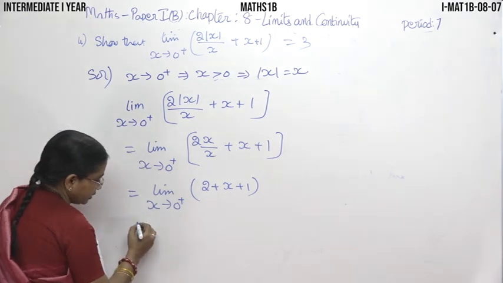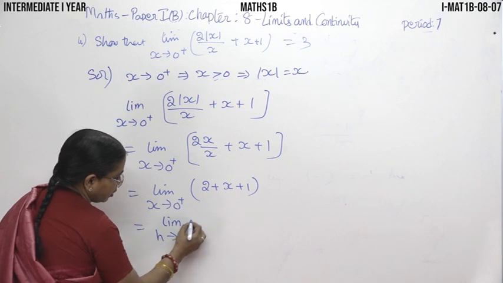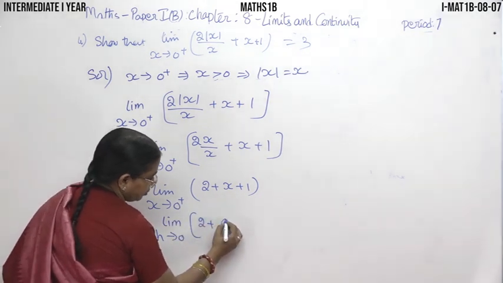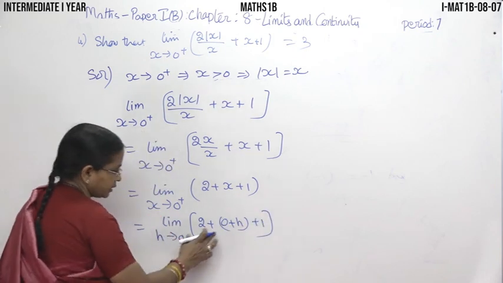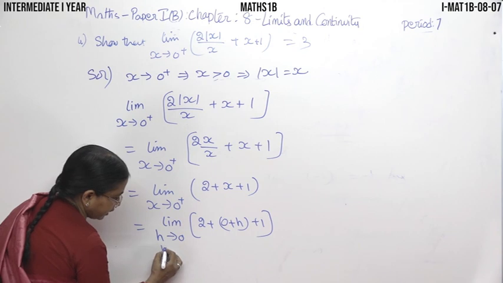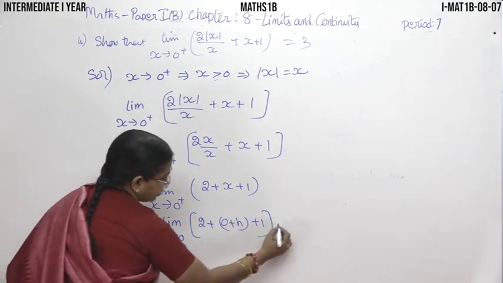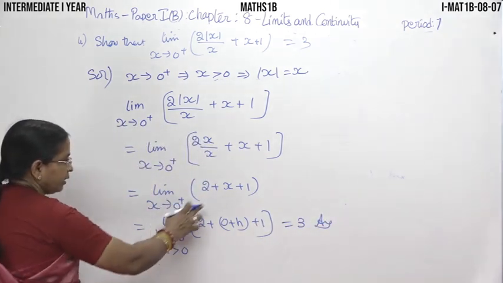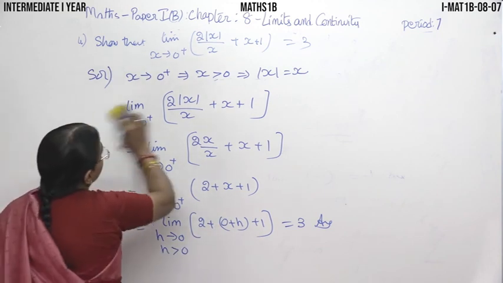Now to remove this 0 plus, we write limit h tending to 0 of 2 plus a plus h, so a plus h plus 1. Now put h as 0, where x is h greater than 0. So this is 2 plus 1, 3. So the answer is 3. So like this we do. Or directly, when you substitute x as 0, that is also okay. You can write that.